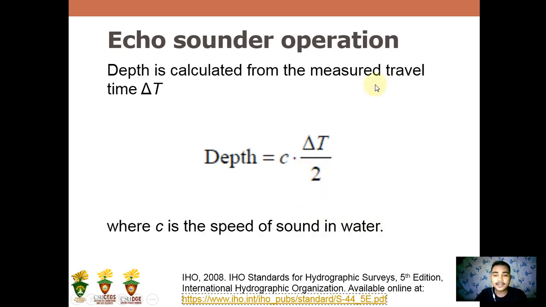It's because the time travelled covers the sound waves being transmitted from the echo sounder to the seafloor and then bouncing back. So it travels twice through the water. So you divide by 2, and multiply by the speed of sound in water.